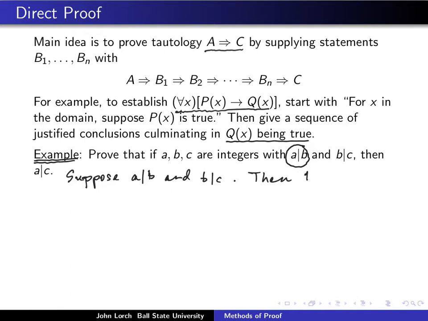Well, it means that there are integers, let's say k and n, with b being equal to k times a, and c being equal to n times b.